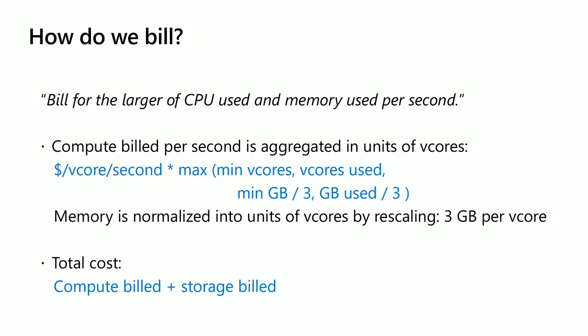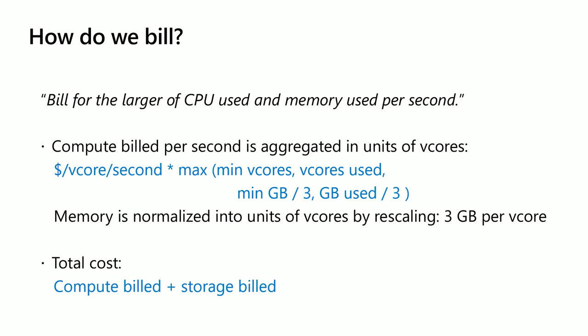You never specify memory. The memory ratio is fixed. For every core, you get 5 to 6 GB of memory, depending on which hardware generation you pick. For the purpose of billing, we have normalized memory to CPU units, which is basically every 3 GB translating to 1 core. So every 3 GB of memory you pick.